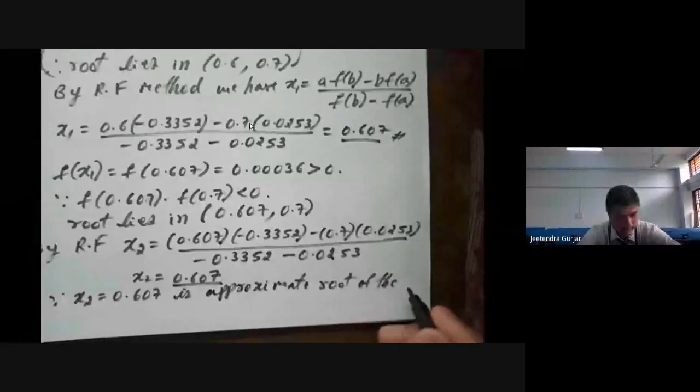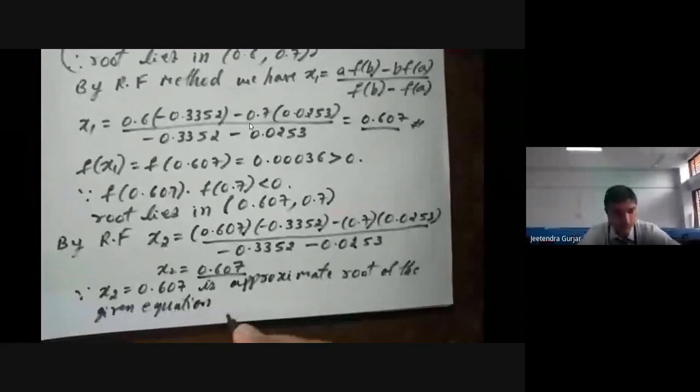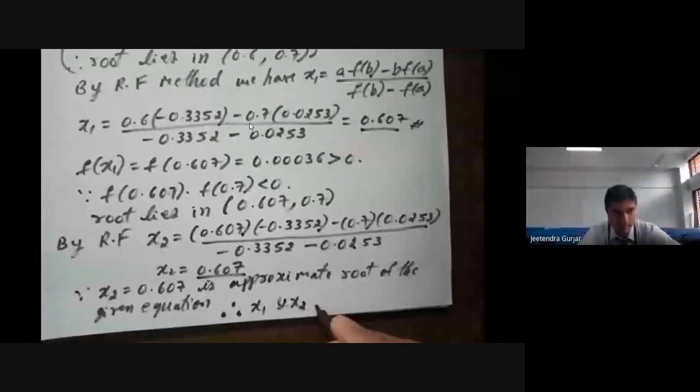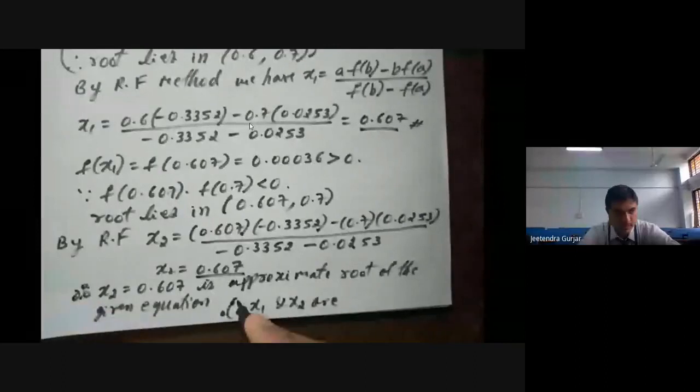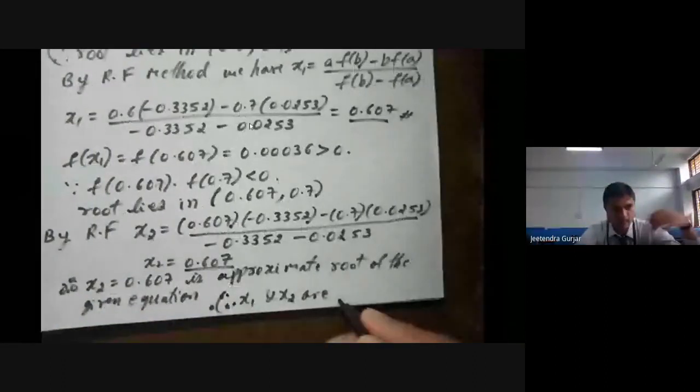It means that x1 and x2 are identical. Your answer is finished, students. This is what we have done as a shortcut: we have not taken all the values, we just take x1 and x2 and compare 3 digits. Therefore x1 and x2 are identical.